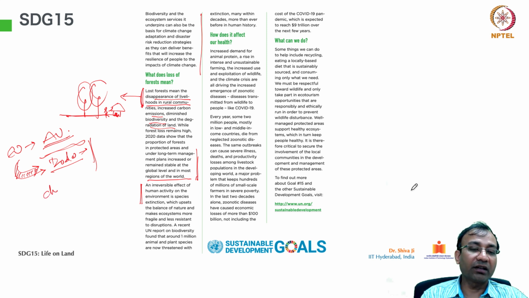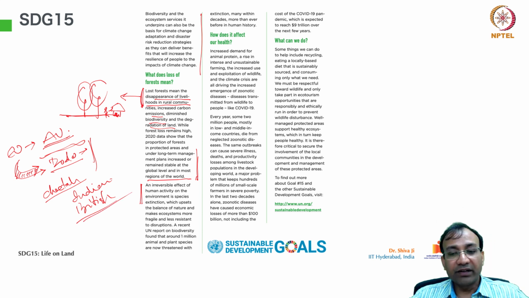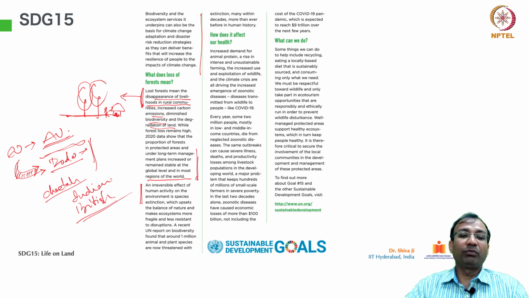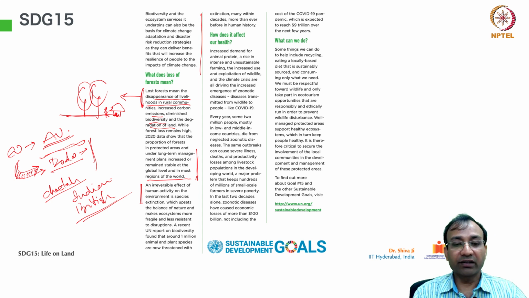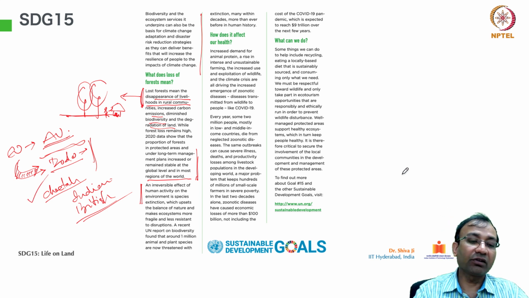Another example is the cheetahs. They used to be abundantly available in the Indian subcontinent, but during British rule, they were hunted so much by the British and other European rulers, invaders of that time, that this species also got extinct.